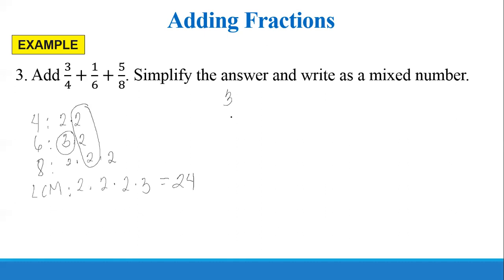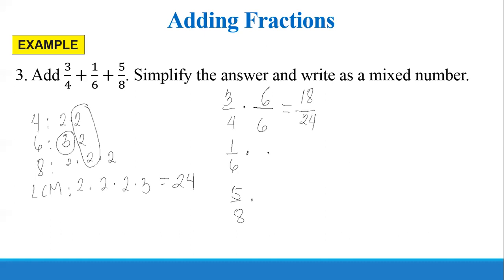So, 3/4, 1/6, and 5/8. So, gawin natin 24 lahat yung denominator. So, sa first fraction, yung denominator niya ay 4. So, paano niya gagawing 24? Multiply both numerator and denominator by 6 to make the denominator 24. So, this is equal to 18/24.